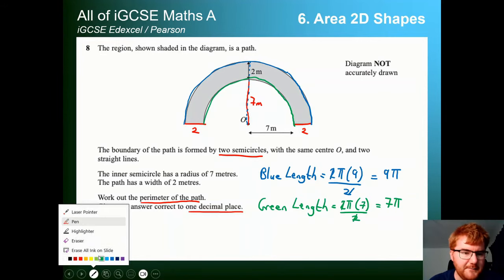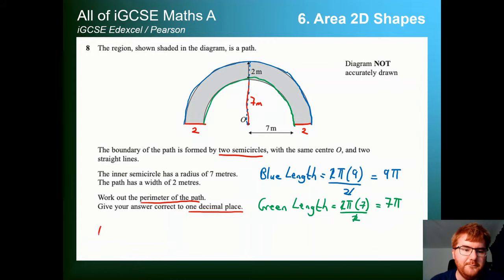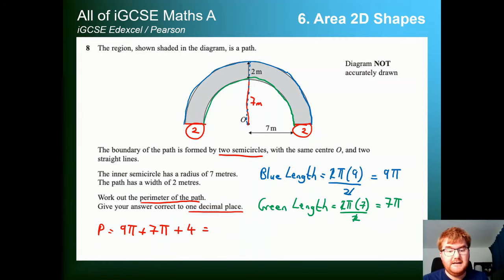So our perimeter, getting my red pen out now, is equal to the blue length and green length added together, so 9 pi plus 7 pi, adding in these extra 2 lengths here as well. So adding in 4. And only at this point do I rush to my calculator and go, okay, 9 pi plus 7 pi is 16 pi plus 4.